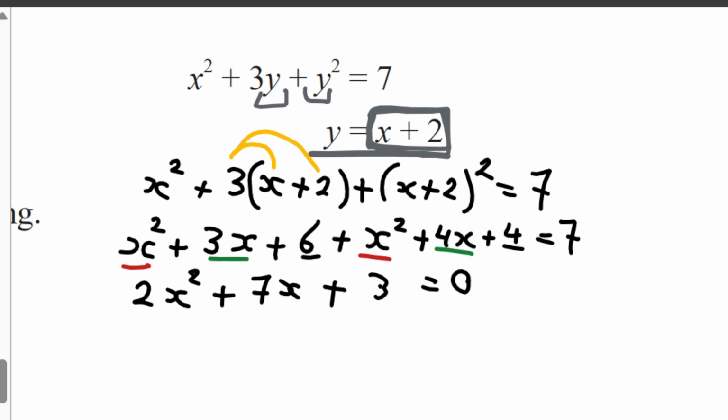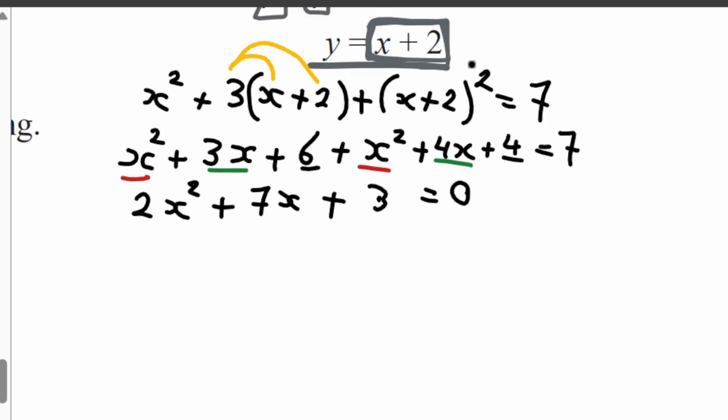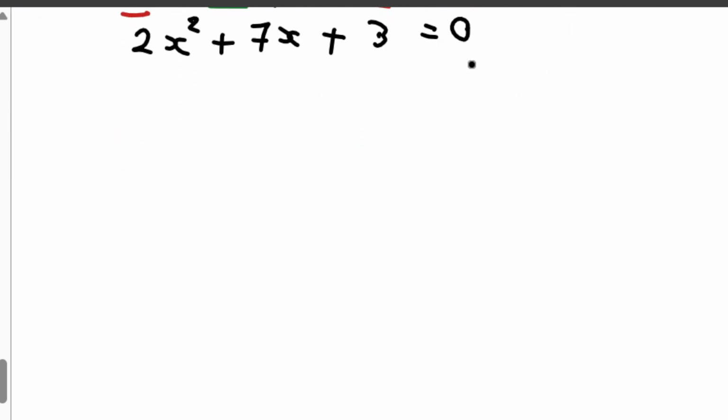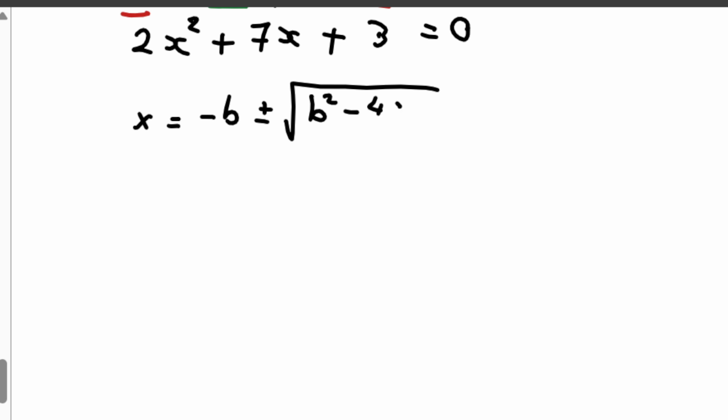Now let's solve this quadratic equation: 2x squared plus 7x plus 3 equals 0. There are many different ways to solve this. I could solve it by completing the square, or let's solve by the quadratic formula. x equals minus b plus or minus root b squared minus 4ac, divided by 2a.